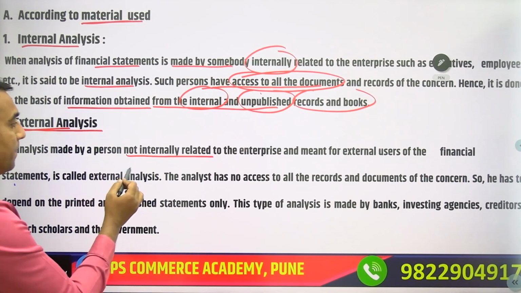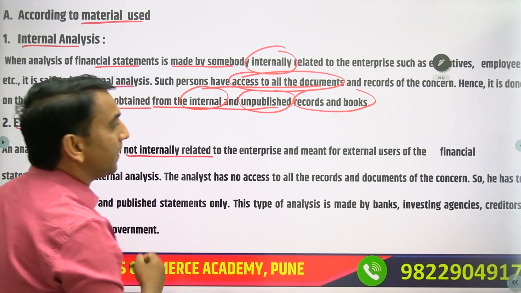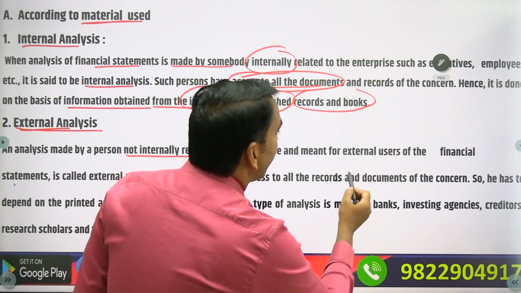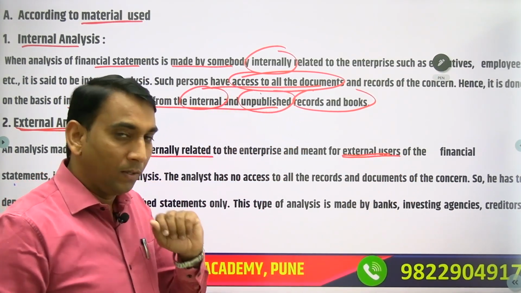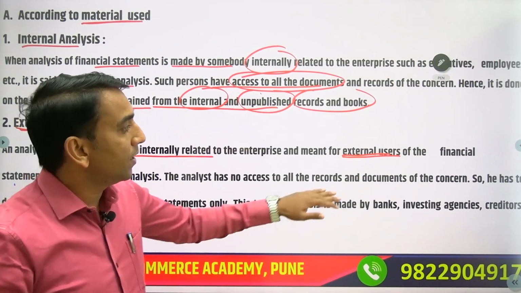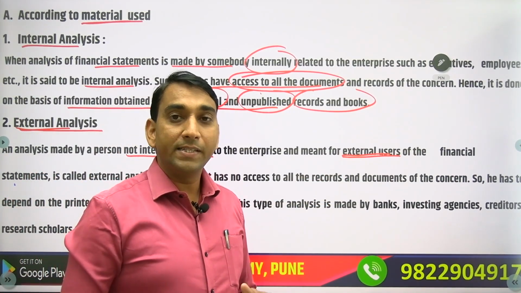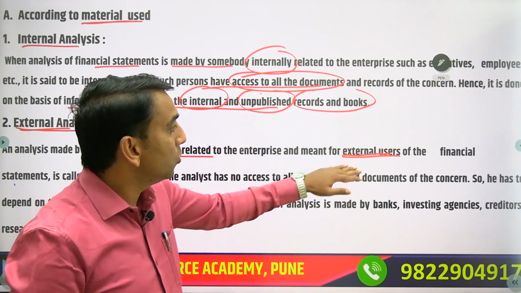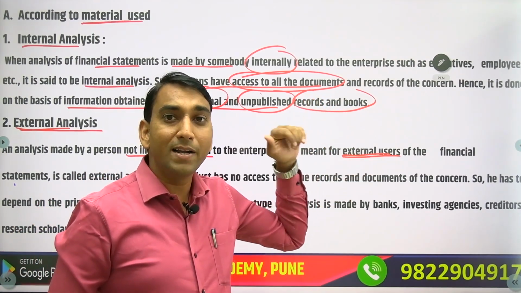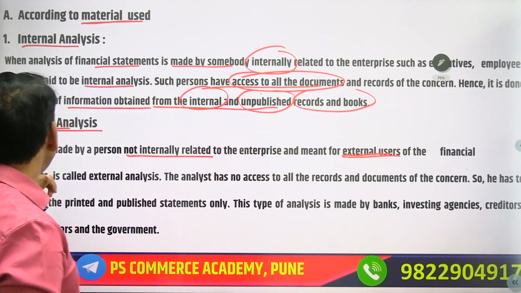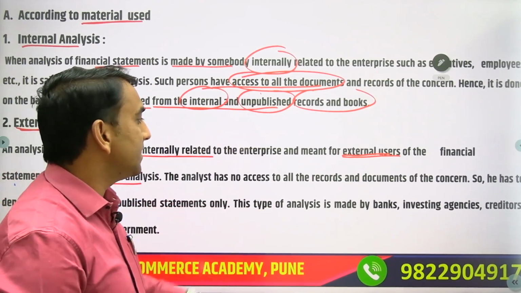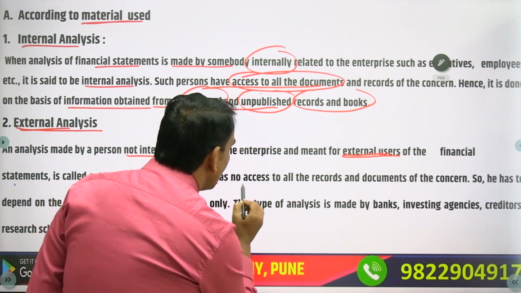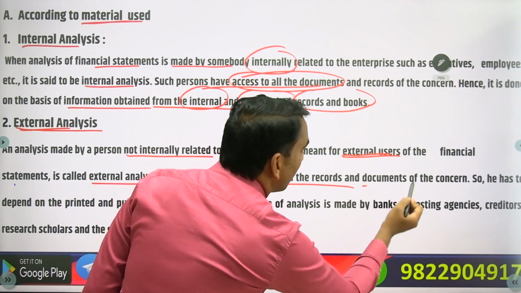An analysis made by a person not internally related to the enterprise and meant for external users. In the last lecture, we had discussed the parties interested in financial analysis. Those who are external users of financial statements do the external analysis. The analyst has no access to all the records and documents.